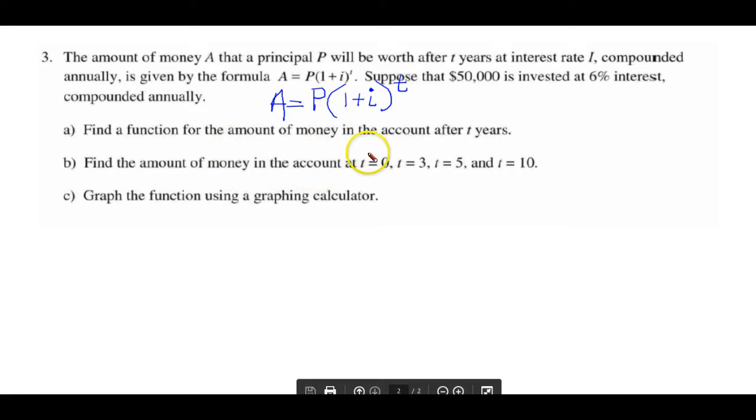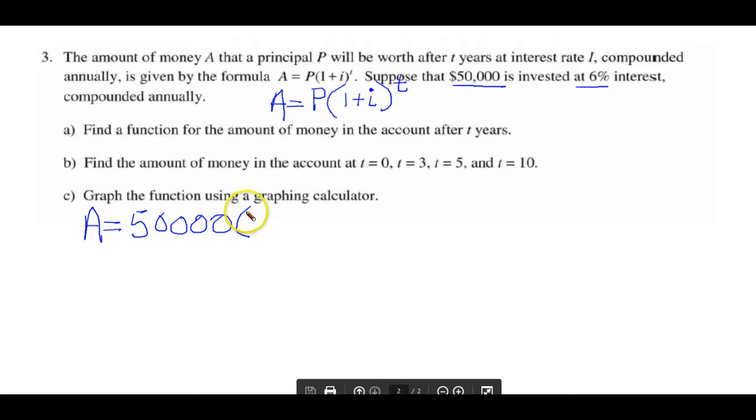So they want you to, if you start with 50,000 at 6% interest, develop these formulas and then put in these various exponential values to see what your answer would be. And you would just put this in your calculator. So let's set it up. So we don't know the amount here. We know our principal is going to be 50,000. Somebody has a lot of money.